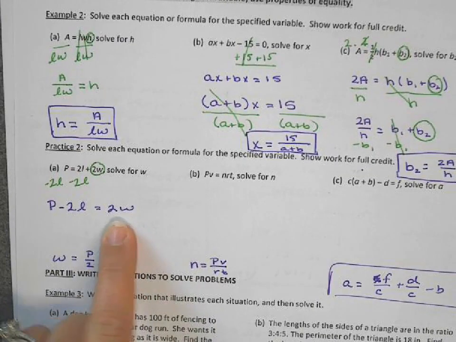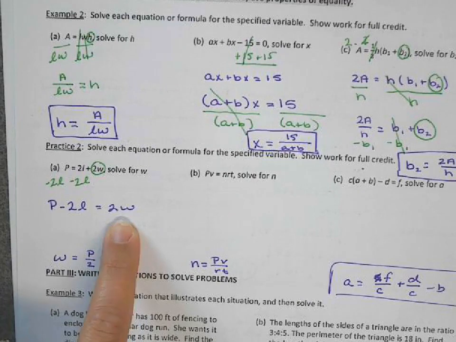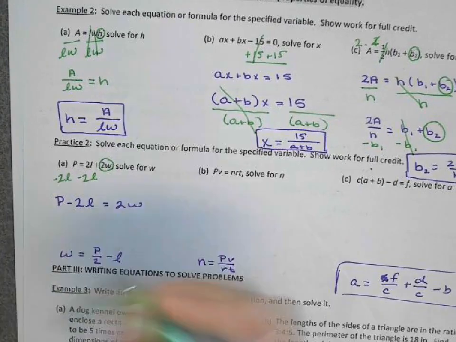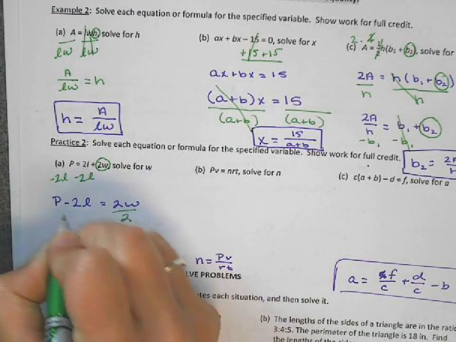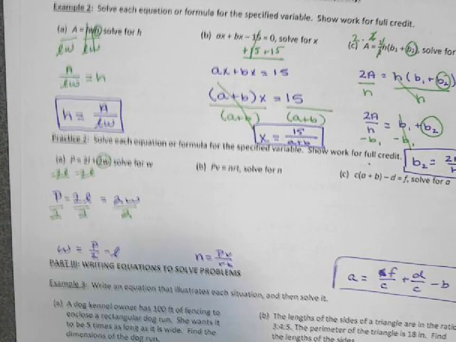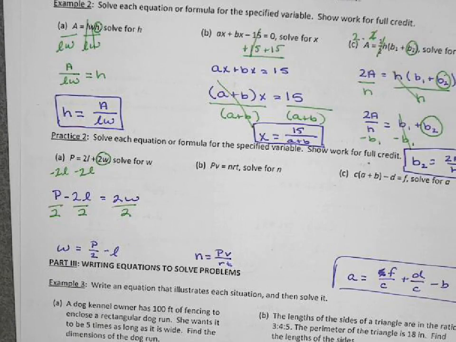What are we going to have to do next? It's being multiplied by 2, right? So how do you undo multiply by 2? Divide by 2. If we divide both sides by 2, you can write this two separate ways. You can divide each term by 2 or divide the whole thing by 2. I like to do each term because sometimes you forget about things if you write it all over 2.